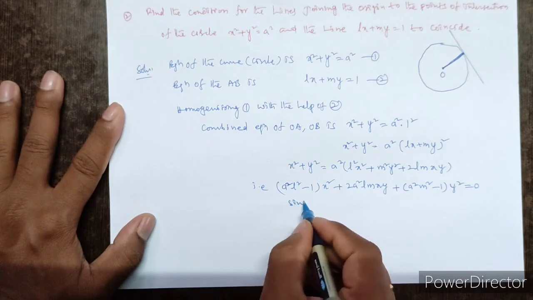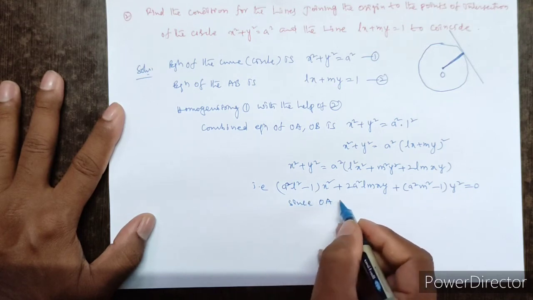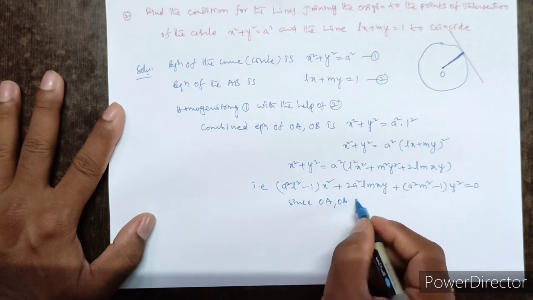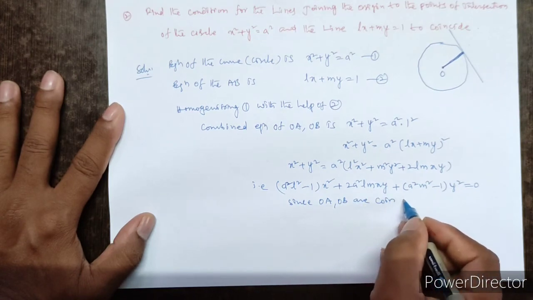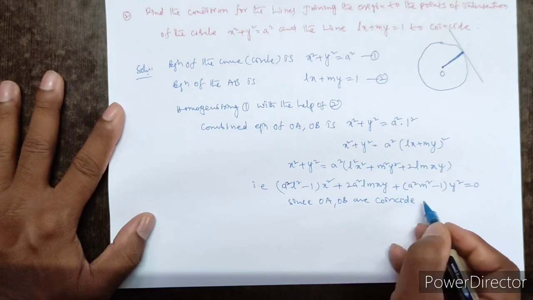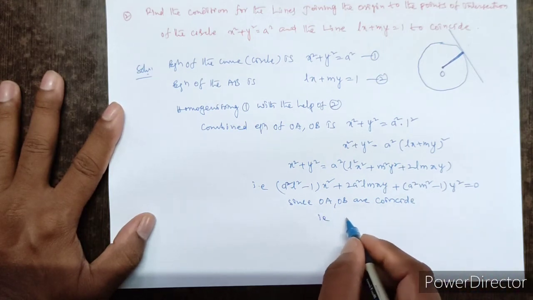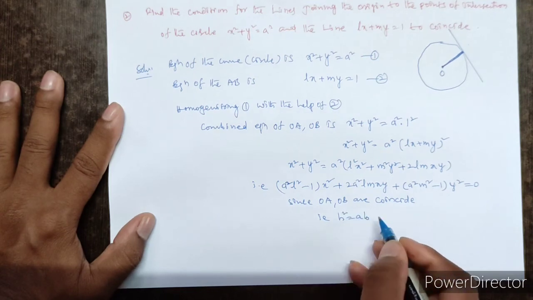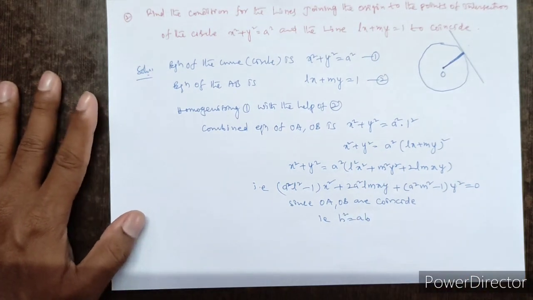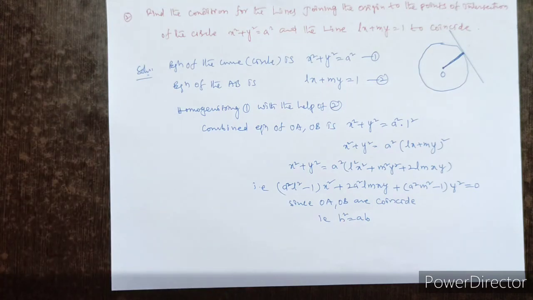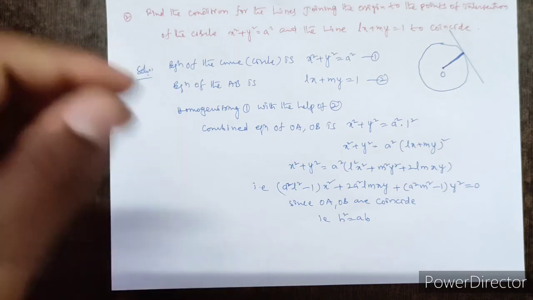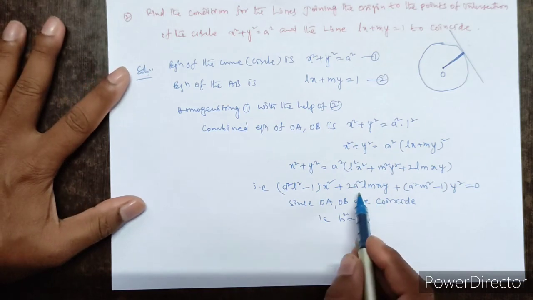Since OA and OB coincide, what is the condition for coincide? That is h square equal to ab. Compare with perpendicular, where a plus b equal to 0. When OA and OB coincide, then h square equals ab.